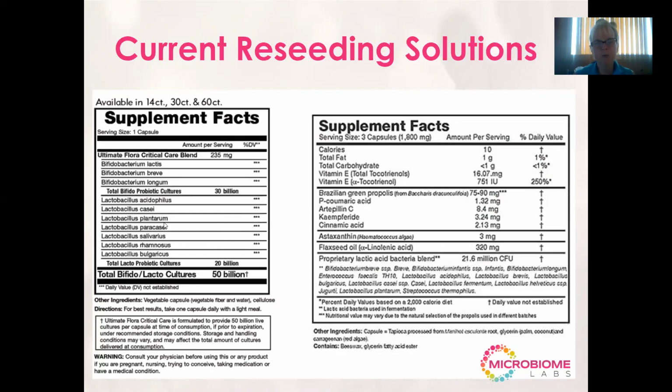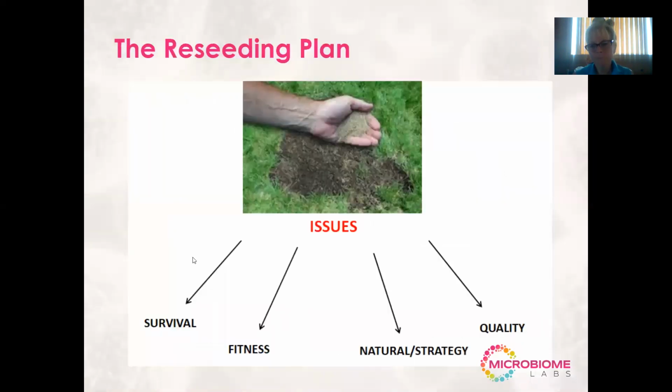And so we look at how these probiotics are prepared, in an air vat fermentation. So they're genetically adapted to the air. So will they even survive in the gut?